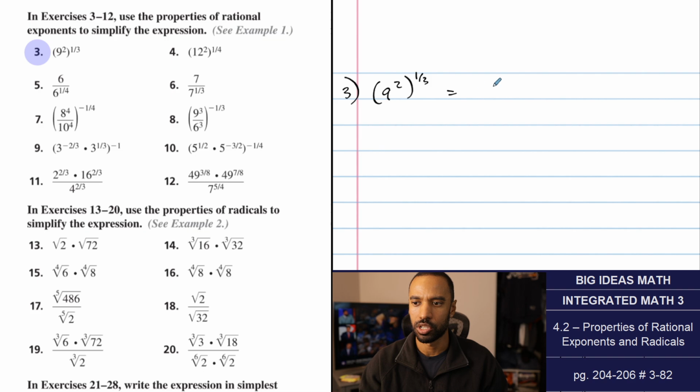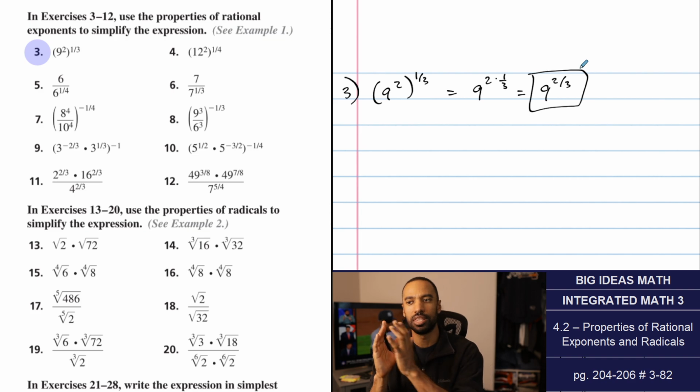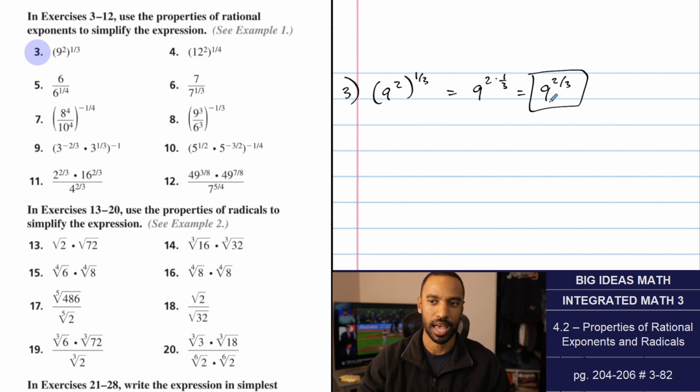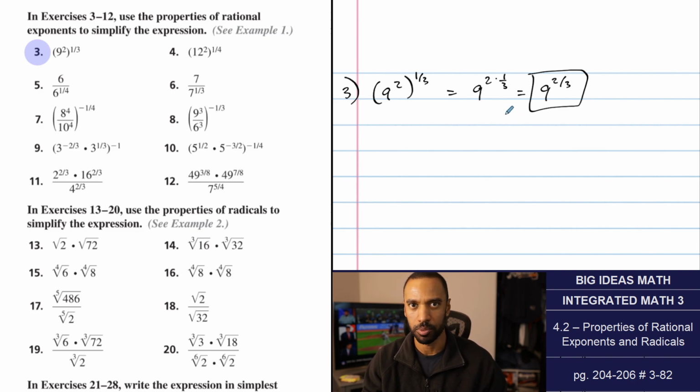So 9 squared to the 1/3 power equals 9 to the 2 times 1/3 power, which is 9 to the 2/3 power, like that.